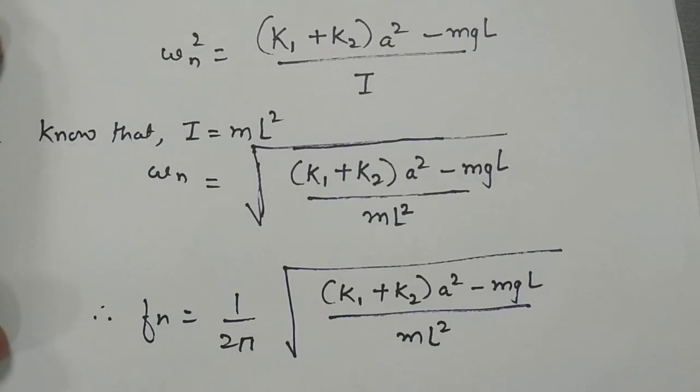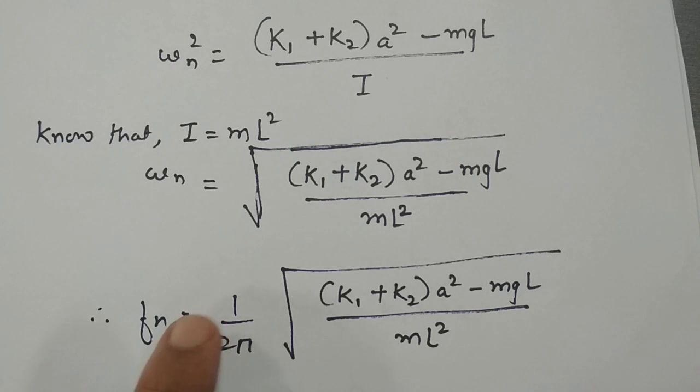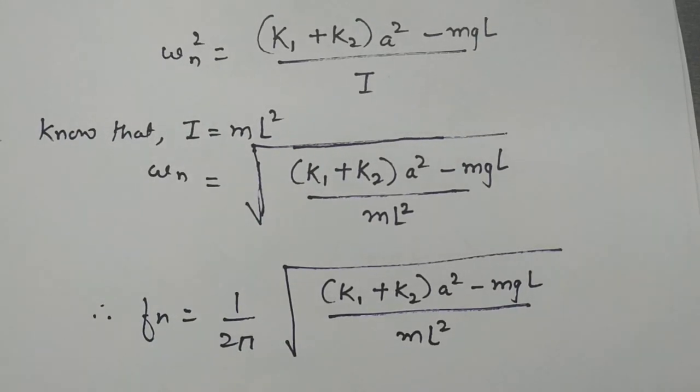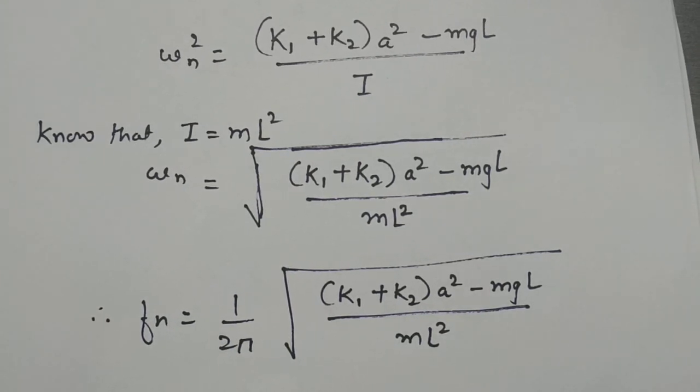If you need it in hertz, Fn is equal to 1 upon 2 pi times the square root of ((k1 plus k2) a square minus mgL) divided by mL square.